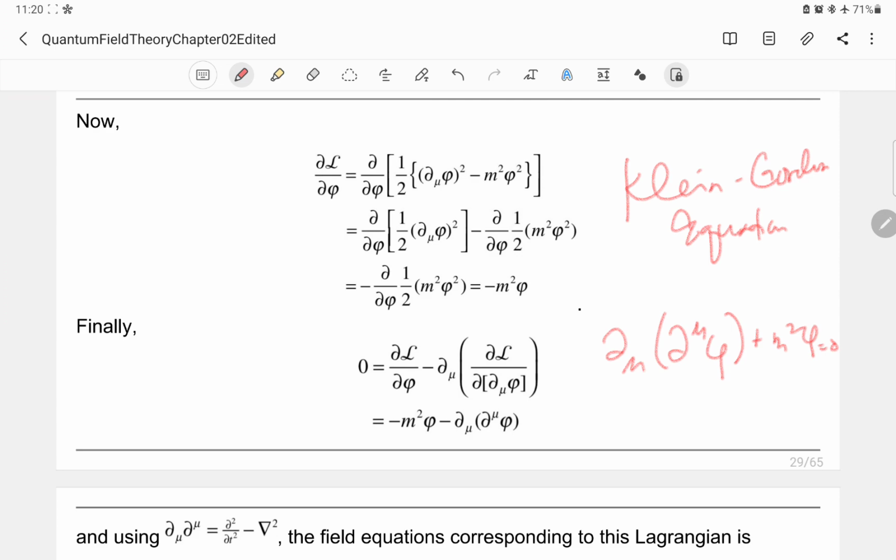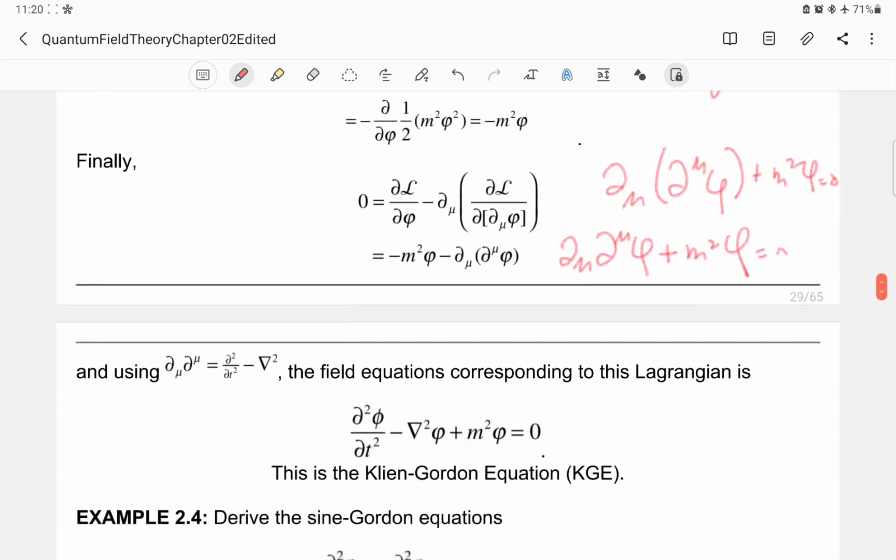The Klein-Gordon equation. Or you can actually just write this as box phi plus m squared phi is equal to 0. By the way, partial mu is equal to this. So you have this one here, and that is just the Klein-Gordon equation.